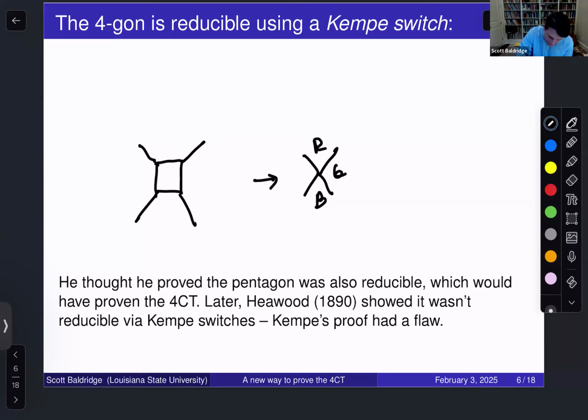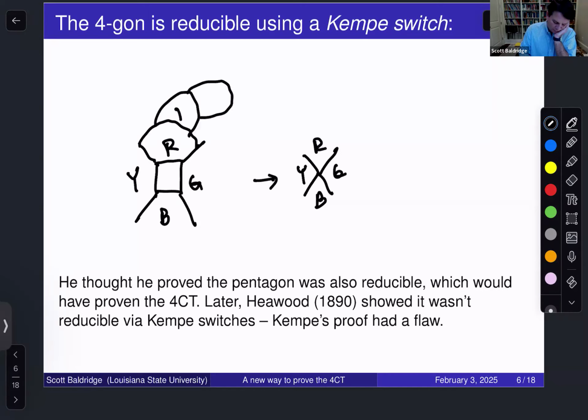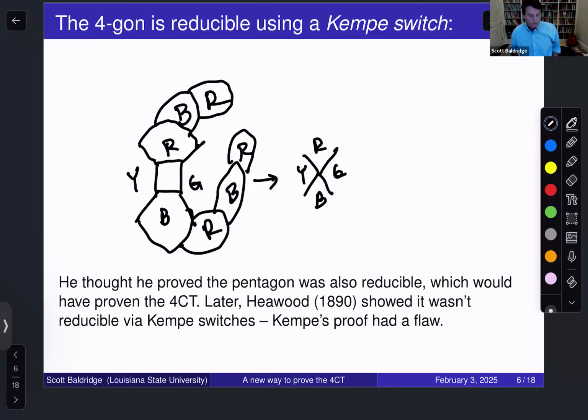But if it turns out that you used all four colors, and you go back to the original, well, now you've got a problem, because you can't put what you want to put in for that last color. However, you could look at a chain of blue, red, and if the chain looks like that, no big deal.